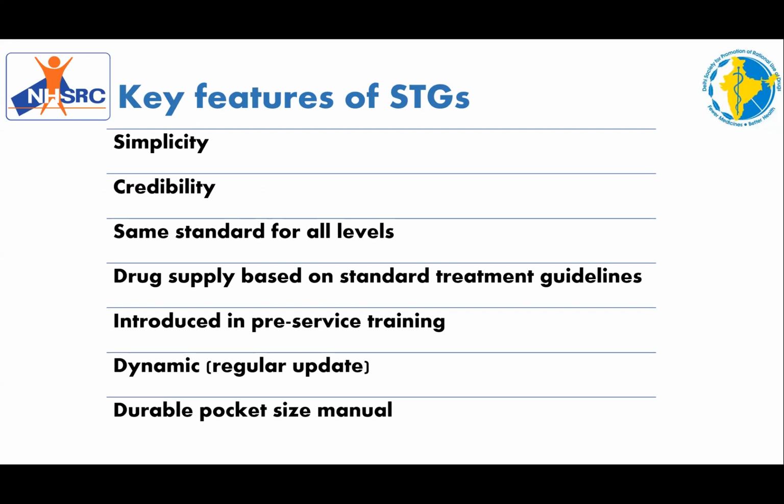When I say the same standard for all levels is followed, I mean the patients or the diagnosis do not decide that one should get a higher level treatment or the other person should not get that. It is the referral criteria, or the severity of the disease, which will decide the treatment.